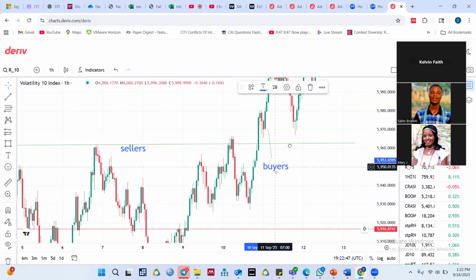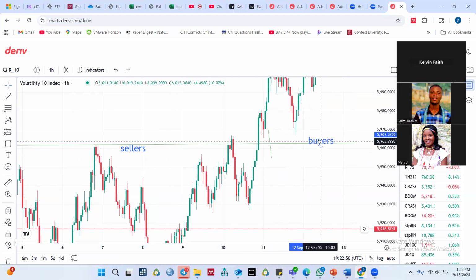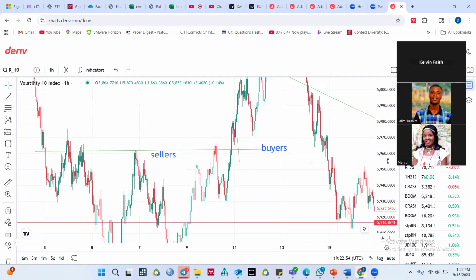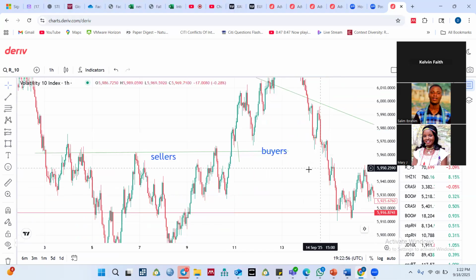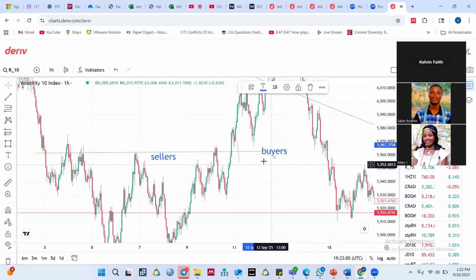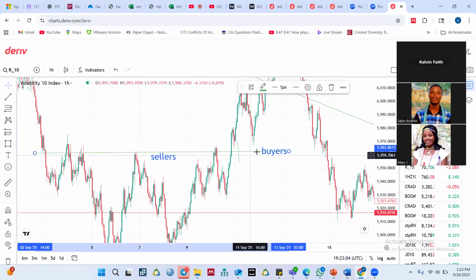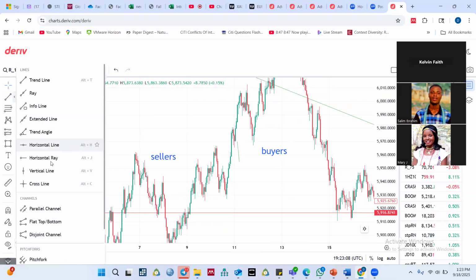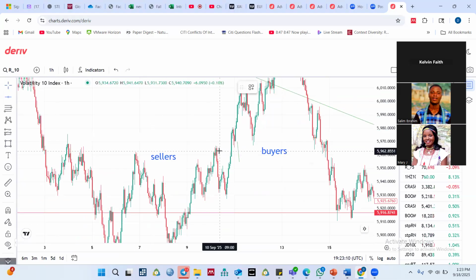But as long as price stays above that line, there's no way we are going to see sales. Okay, so let me put a proper line around there so that we can use it to track. So I believe this is why you might have lost this trade around here.